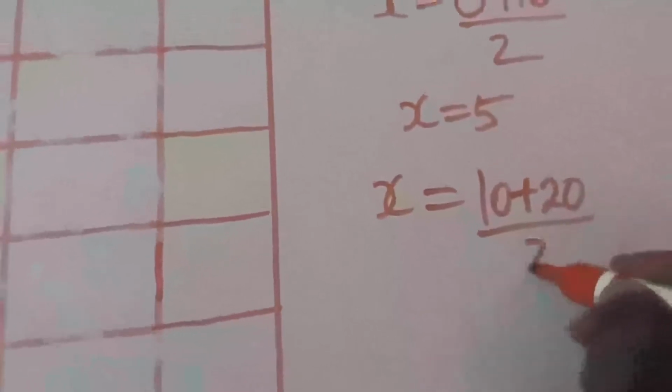That means 10 plus 20 by 2, so 30 by 2, x value is 15. Likewise for all the remaining, 20 to 30, 30 to 40, 40 to 50, you add these and divide by 2.